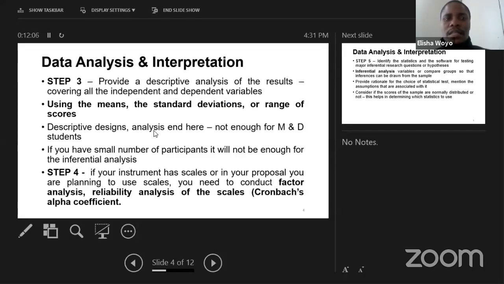In this, we are simply saying you are using the means, the standard deviations, or a range of scores to describe the independent and the dependent variables.